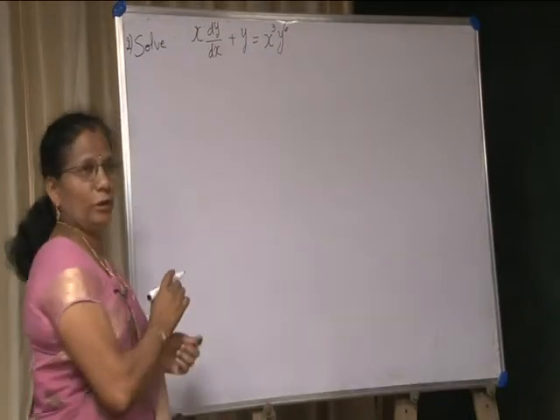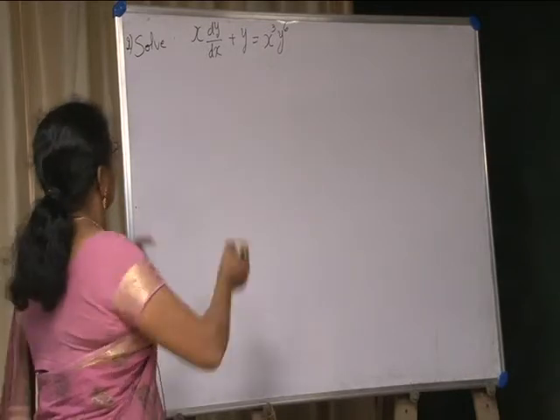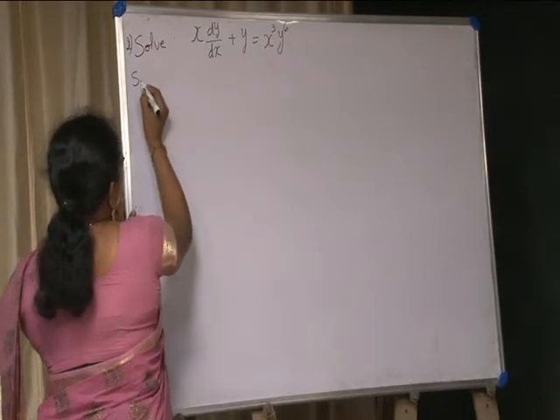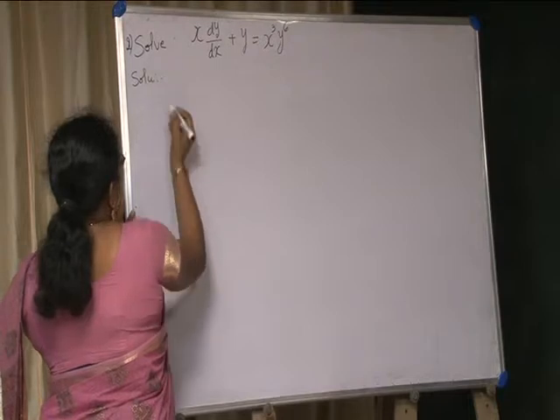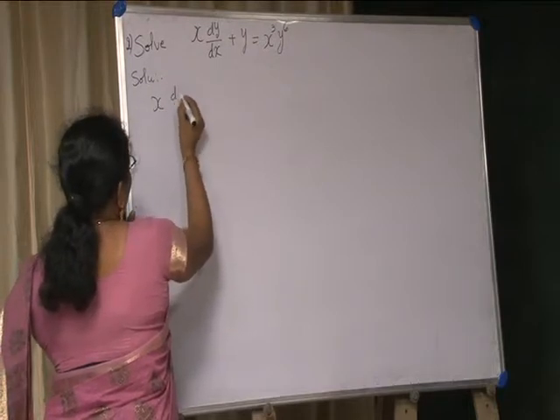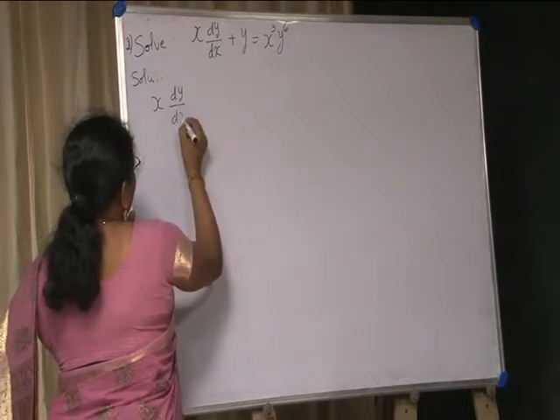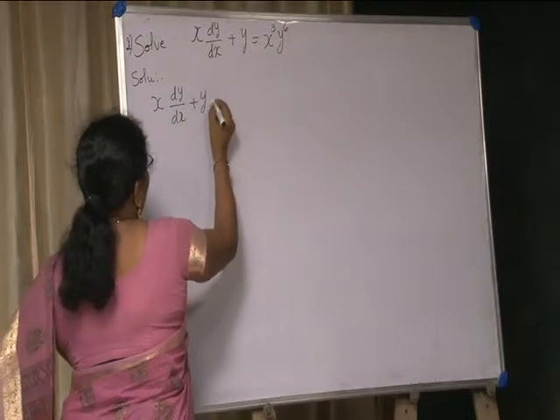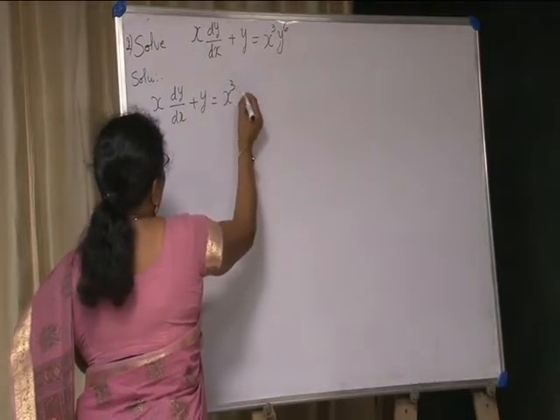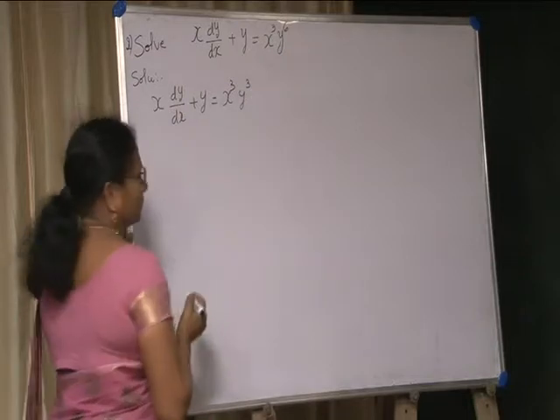Solution: x into dy by dx plus y equals x cube y to the power of 6.